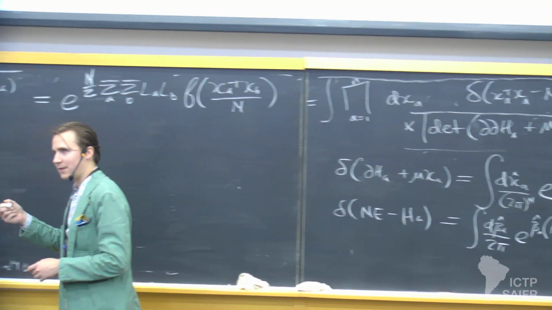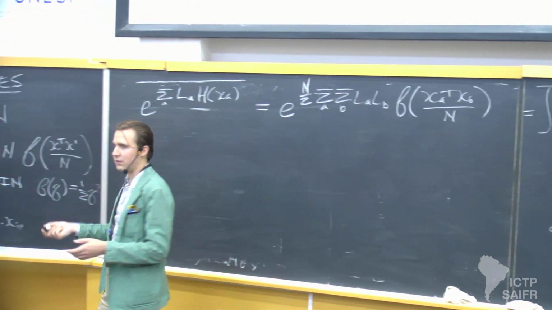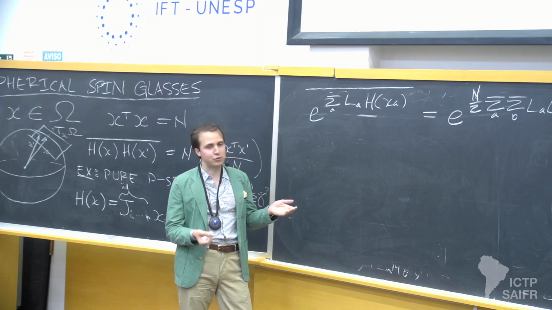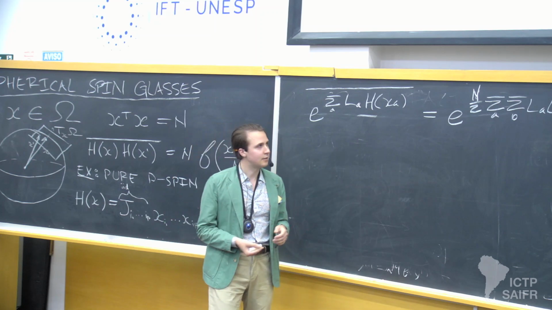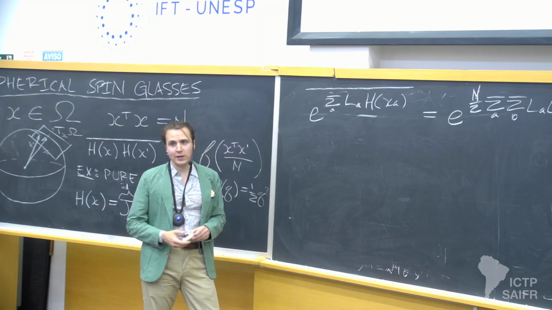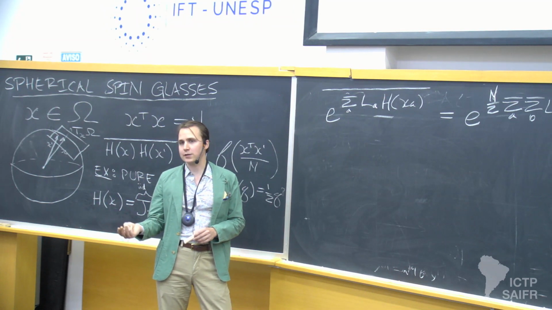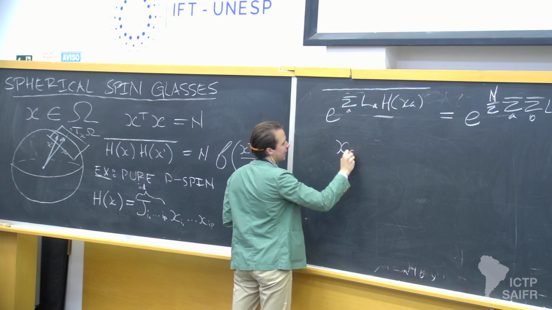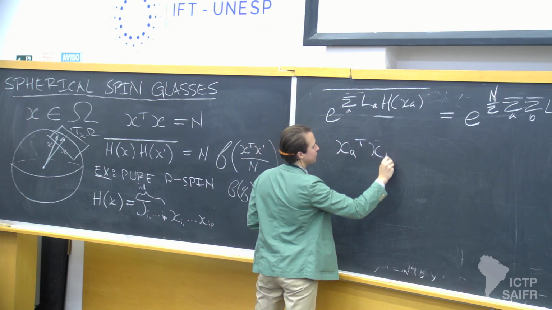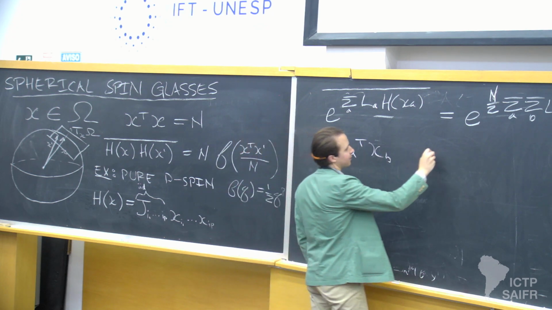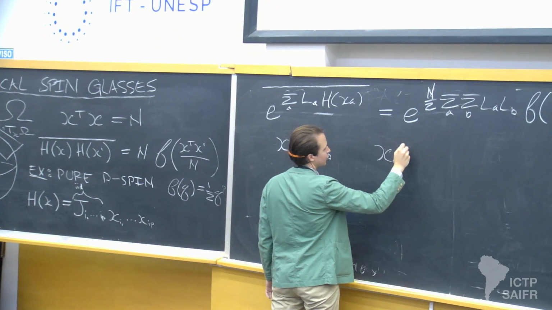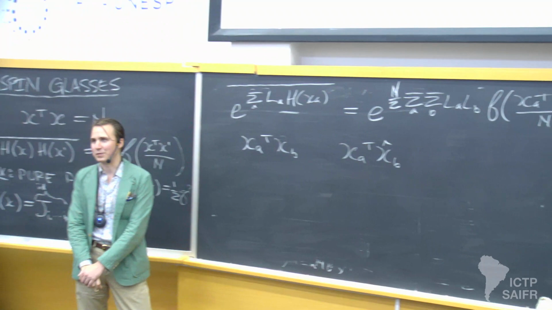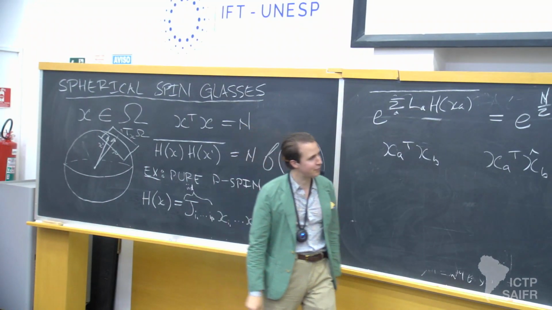The important aspect is that you find, having done this, again, you can teach Mathematica to do it. You can also do it by hand in like 20 minutes. It depends only on 3 different kinds of scalar products of our order parameters. You have x, A, transpose, x, B. You have x, A, transpose, x, B, hat, our auxiliary variables we introduced.